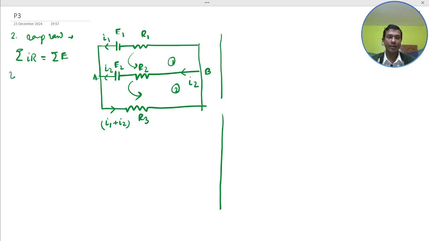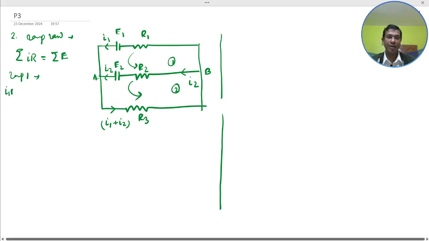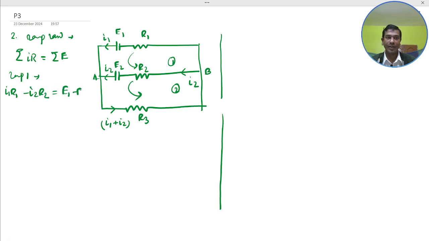So in loop 1, I1R1 - I2R2 = E1 - E2. In loop 2, I2R2 - (I1 + I2)R3 = E2. This is the loop law.